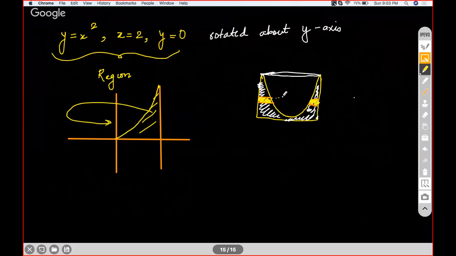This is the hollow washer. I'm showing you the cross-section area, okay?